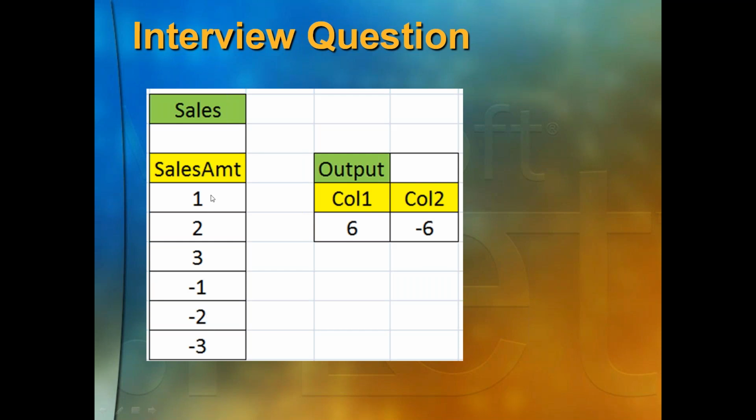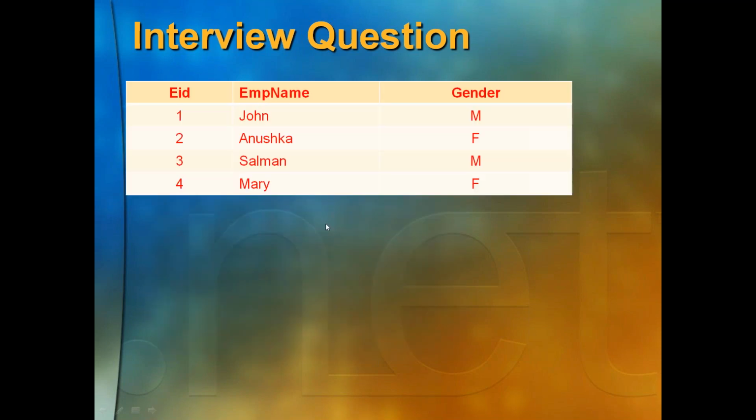Right? If you say sum of sales amount, you will get 0 as an answer. But what the interviewer wanted is that positive numbers should be summed up and displayed like this, and the negative numbers summed up and displayed in the second column. You also try this interview question, and tomorrow you come.